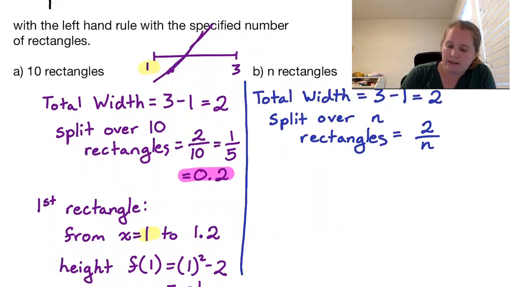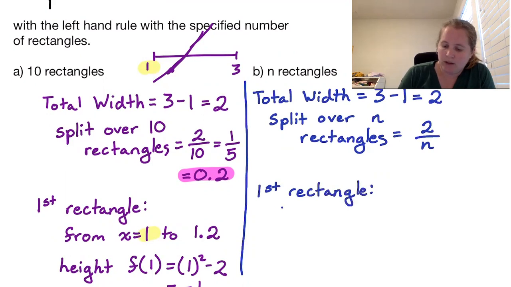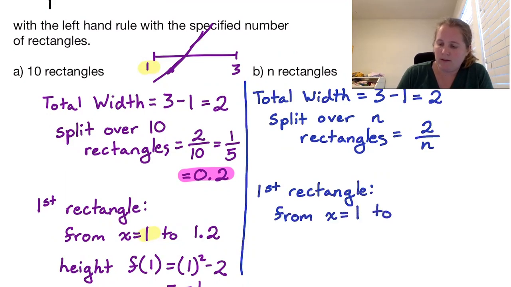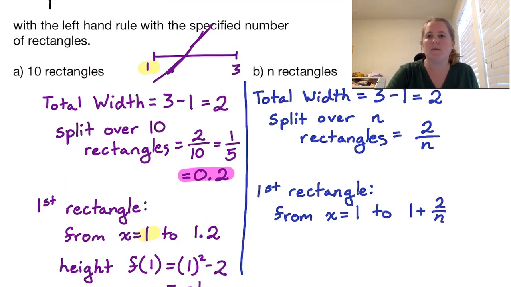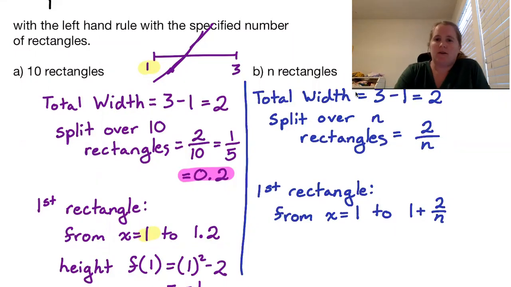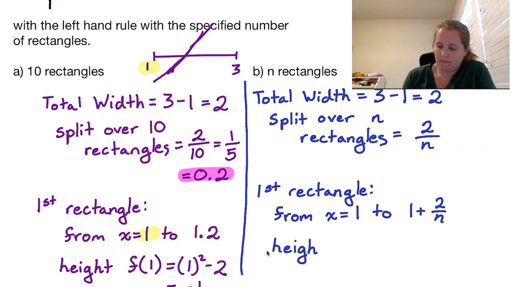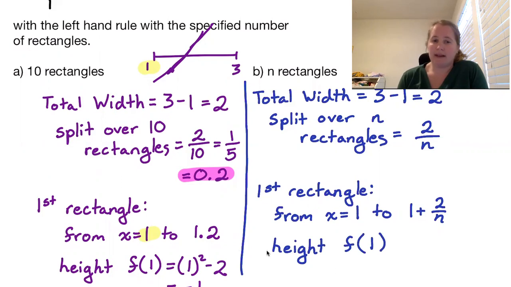So our first rectangle would be from x equals 1 to 1 plus 2 over n. Our height would be f of 1 in this case, because that is the left side.